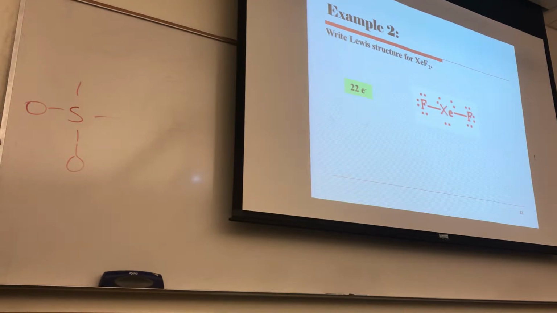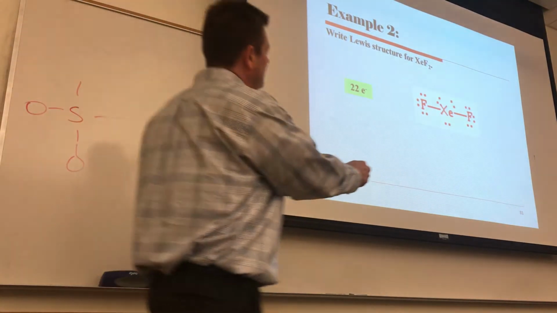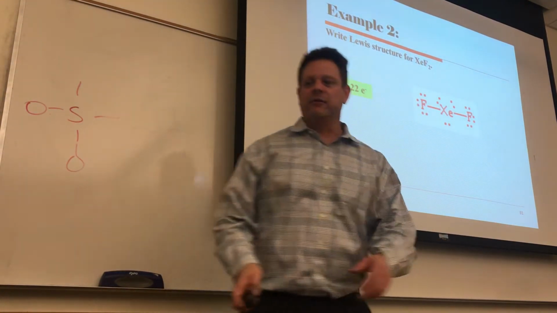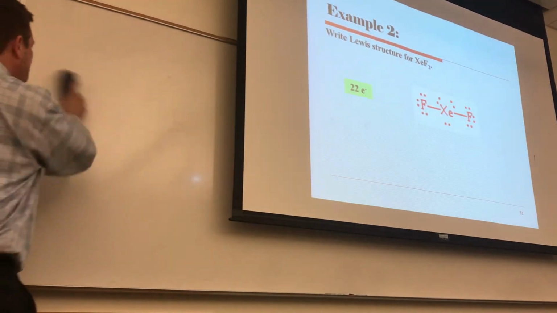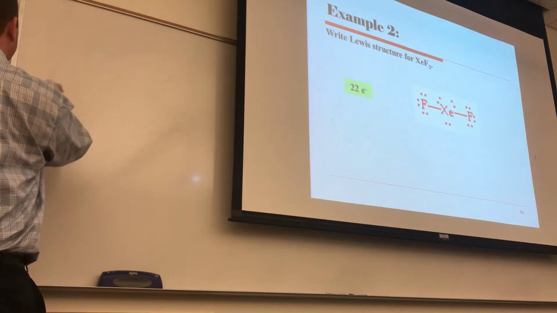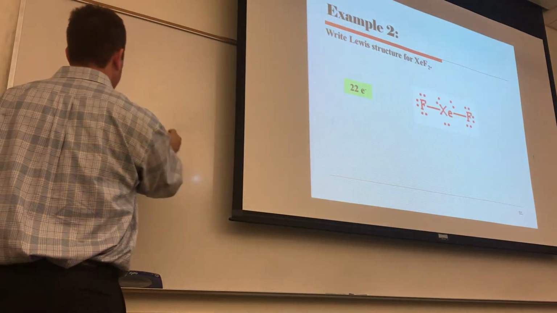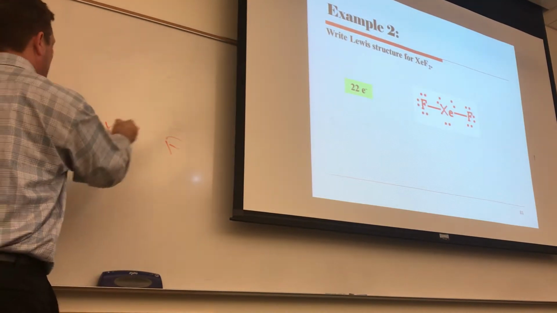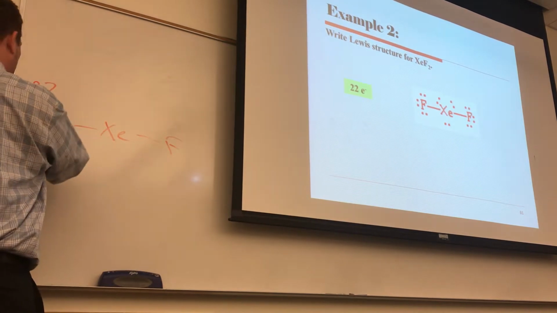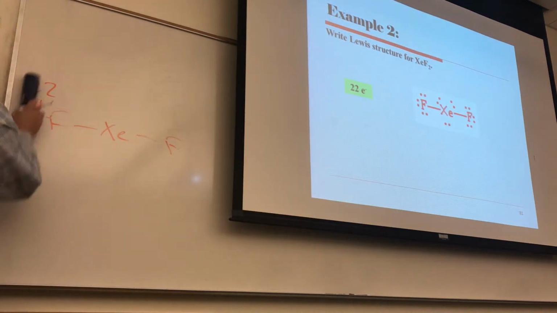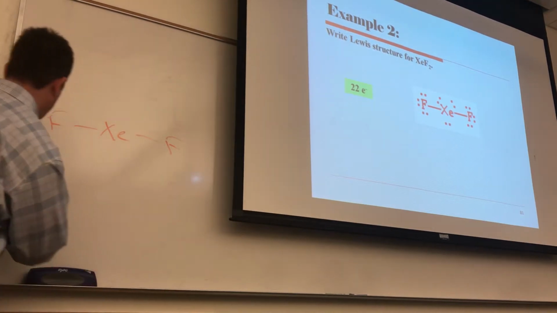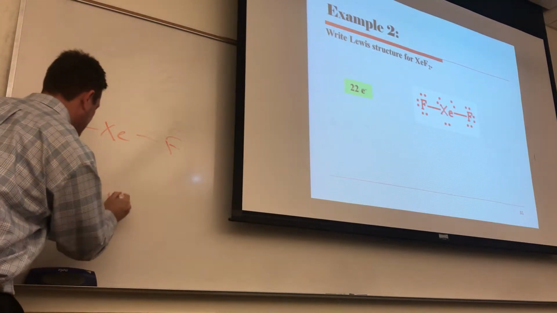I have 22. I fill in the outer atoms. By the way, this is something you would have done on the lab if we were doing the lab for this one. So 22, my center atom is Xe, with two F bonds. 22 minus 4 gives me 18. 22 minus 4 is 18.